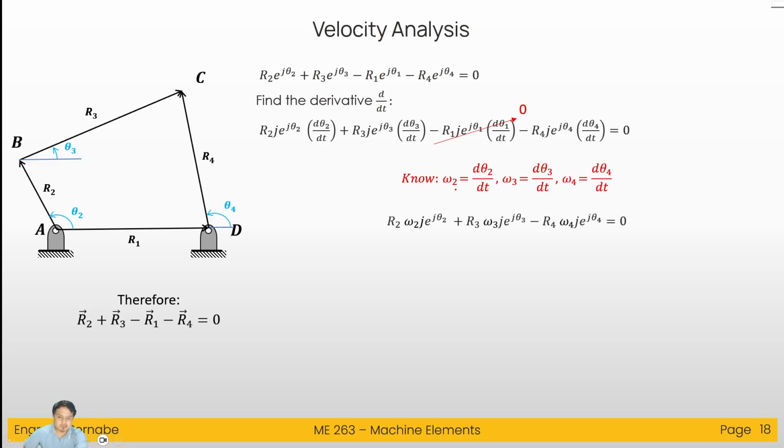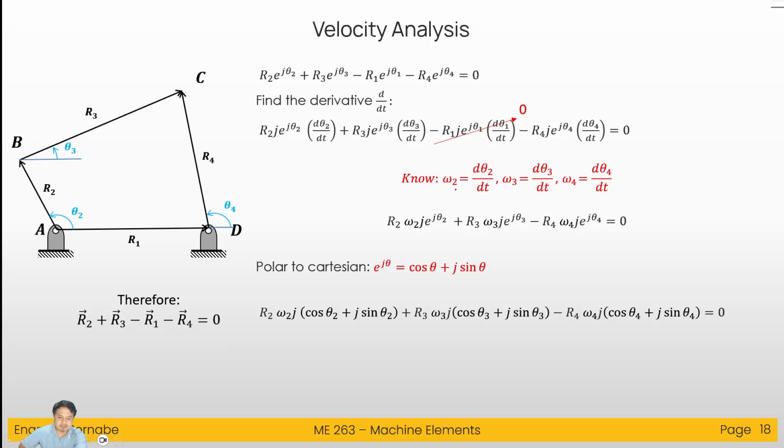So we have this equation, and then we expand this again using the Euler identity for polar to Cartesian. So you have this. Simplifying this, since we have two j's, we can distribute the j's here.